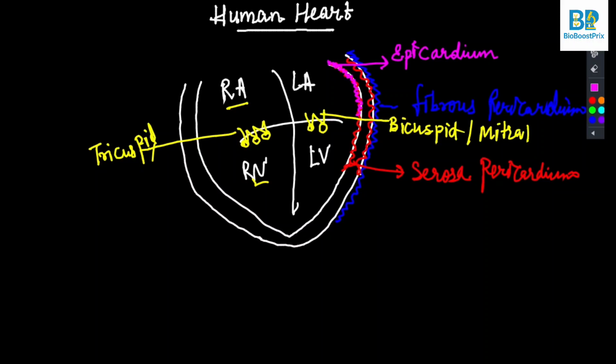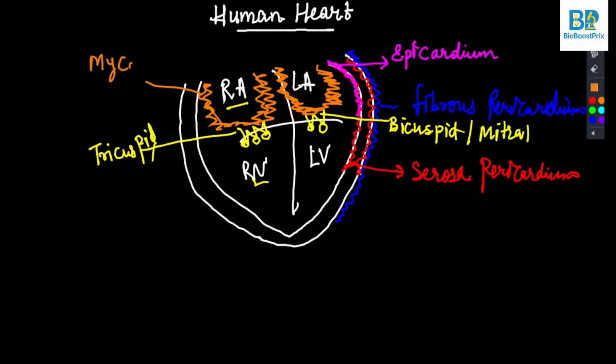Then internally the heart is lined with some thick muscle. The entire chamber is made up of this thick muscle that I'm drawing. This is called the myocardium, another layer of the heart.